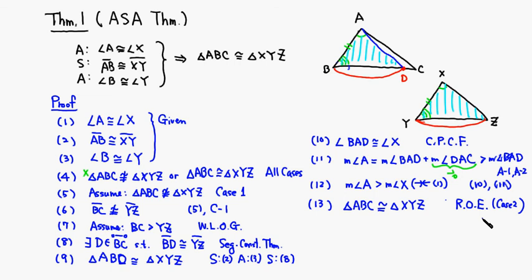Alright, so that's it. We could establish a congruence between two triangles from angle-side-angle by assuming side-angle-side. So side-angle-side actually helps you establish the angle-side-angle theorem. Alright, that's it. I hope that this was clear.